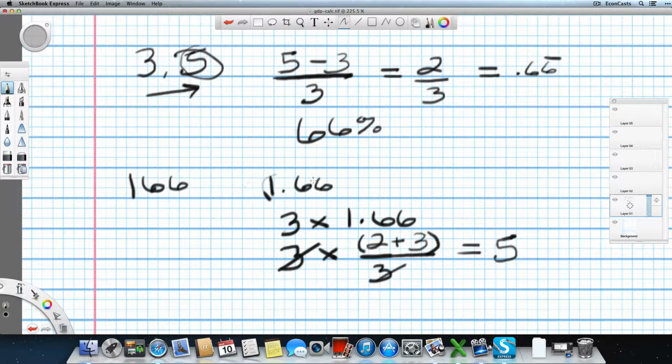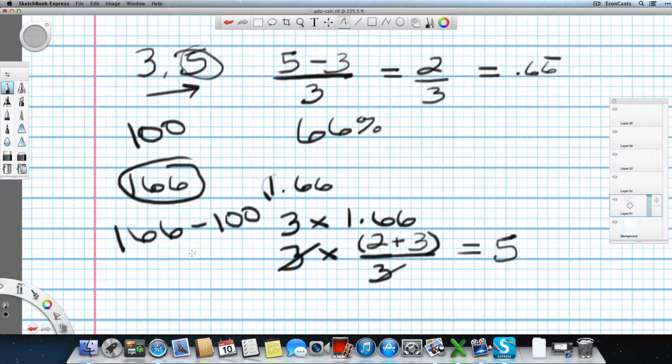So adding 1 to our percentage increase of 66% makes it easy to work with the number. But for conventional reasons, we actually multiply this by 100 in order to get an index of 166. Now, in our base years, our index always equals 100. So whenever you see an index like 166, what you should be thinking in your head is 166 minus 100 equals 66.